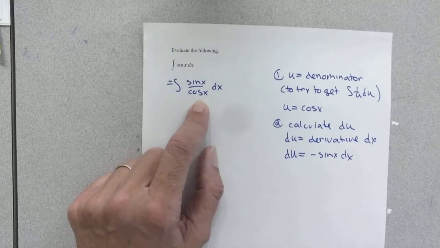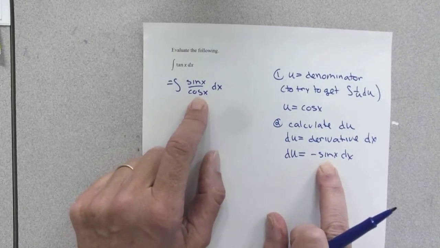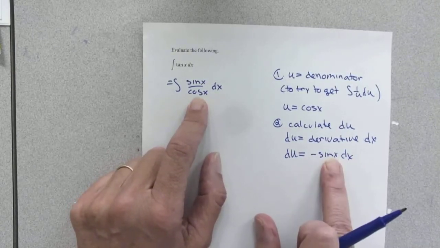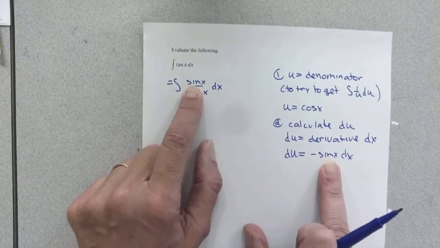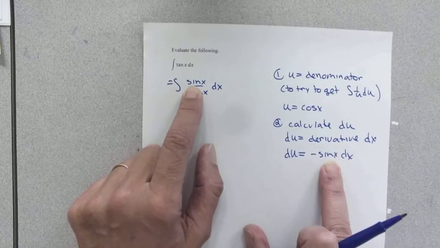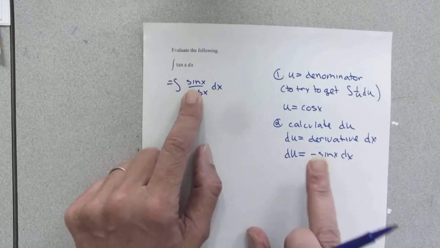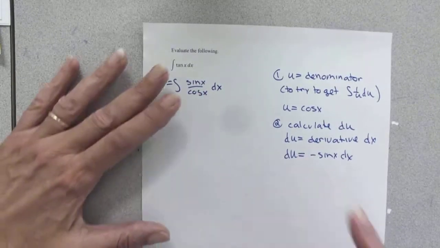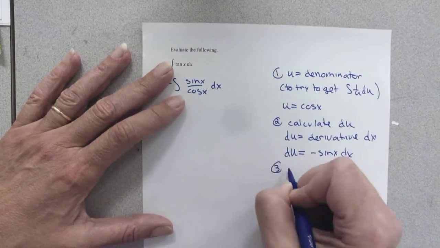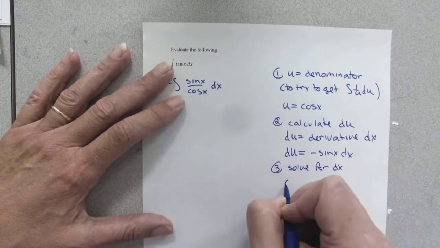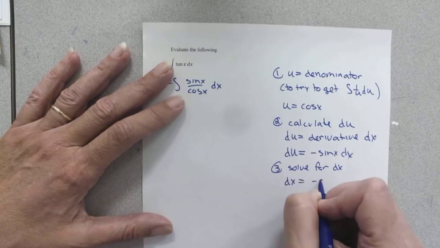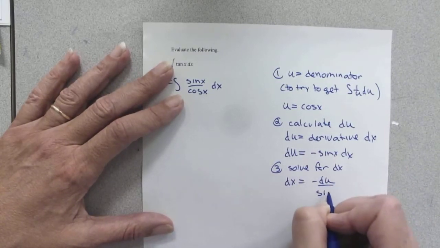And so start making those quick checks. Am I on the right track? Do I have the variable stuff of du? Is that in the problem? The variable stuff of du, sine x, sits in the problem. The negative will take care of itself. Solve for dx. So dx is going to be negative du over sine x.